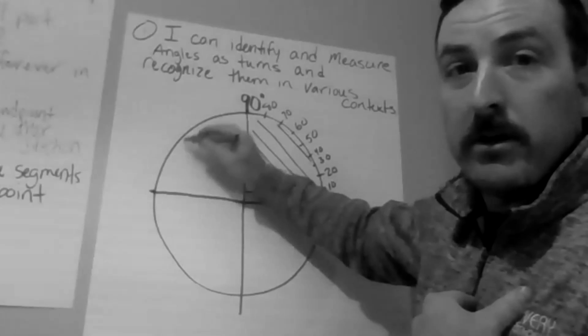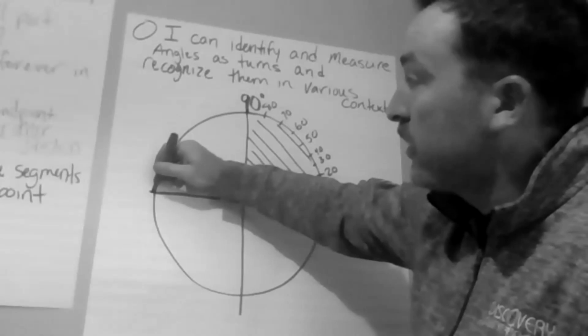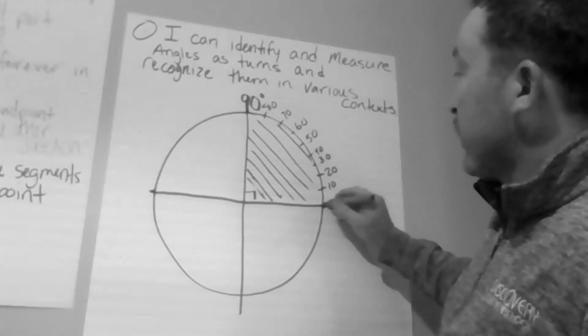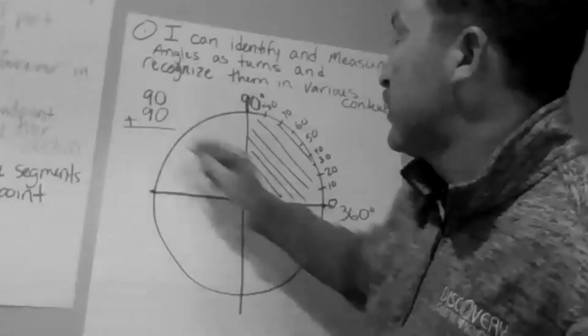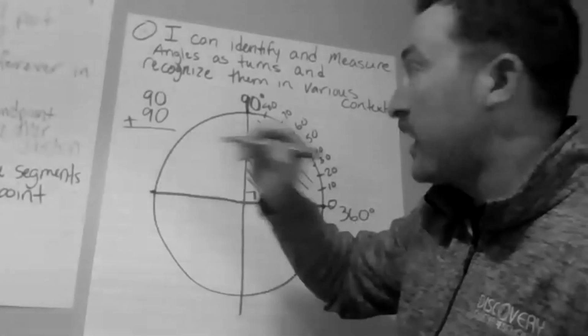This quarter is also the same size, 90. So from here to here is 90 degrees. But we're starting at 0. So 1/4 is 90. And then the second quarter is also 90. So when we add those up to get from 0 all the way around to halfway, what's 90 plus 90?